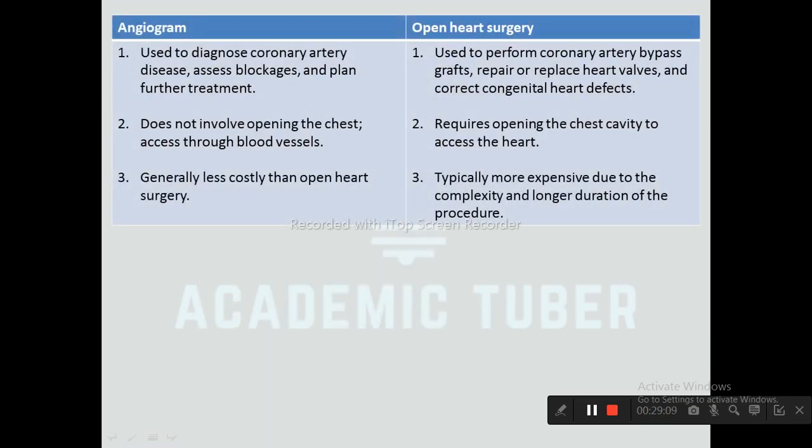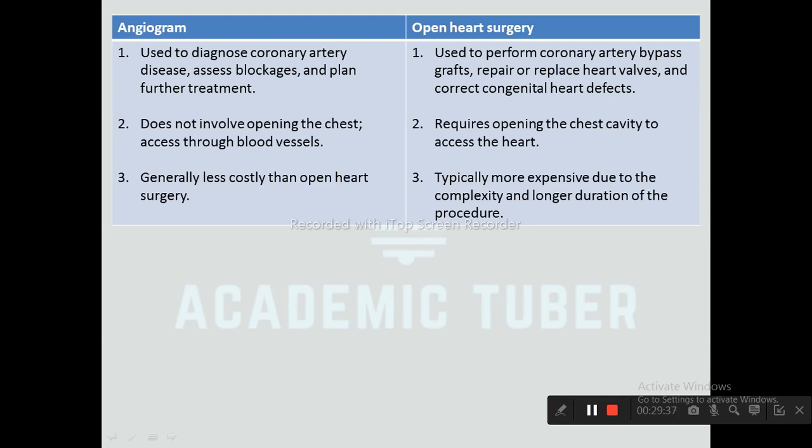Differences between angiogram and open heart surgery. Angiogram is used to diagnose coronary artery disease, assess blockage, and plan for the treatment. Whereas open heart surgery is used to perform coronary artery bypass graft, repair or replace heart valve, and correct congenital heart defect.